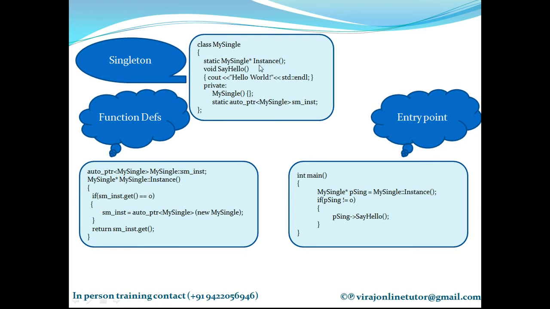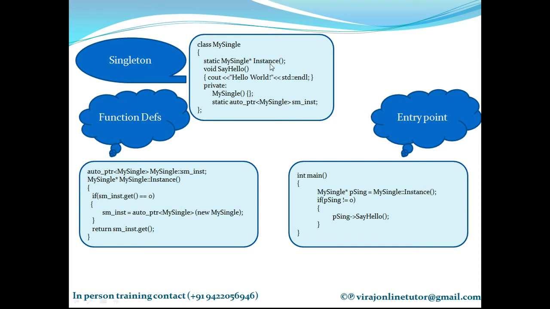In this, I have an instance function. The get instance function that I explained in my previous slide is exactly the same as the instance function here. So you can imagine that this instance is exactly the same as the get instance function, which has to be a public function in my class, and it has to be static. I made it static here.